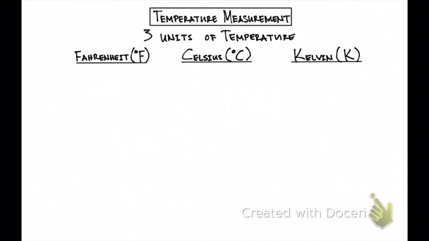And make sure you know how to convert between these 3 units. When you're converting from, let's say, degrees Celsius to degrees Fahrenheit, you use this equation given here. Let's say you have 0 degrees Celsius. All you have to do is plug in 0 into this equation, and you get degrees Fahrenheit. If you're converting from degrees Fahrenheit to degrees Celsius, you would use this equation here.